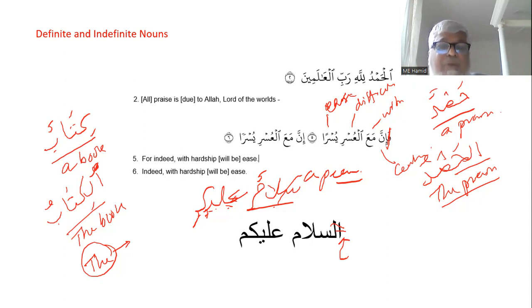So assalamu alaikum is basically saying that I'm not limiting the barakah or the blessing of Allah subhanahu wa ta'ala to a certain one kind that could be enough for us. But we are saying, let all possible forms of peace that Allah has and is willing to give be on that person in front of me, or the persons in front of me.